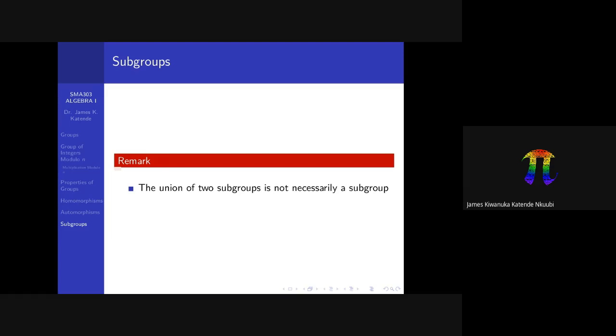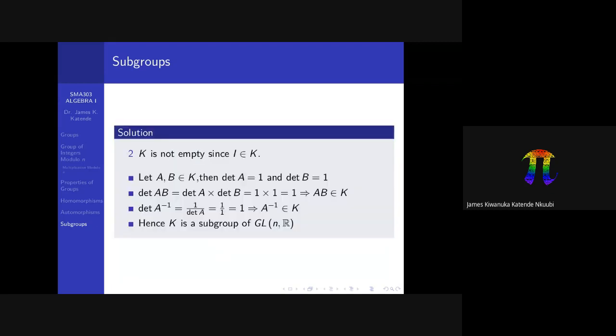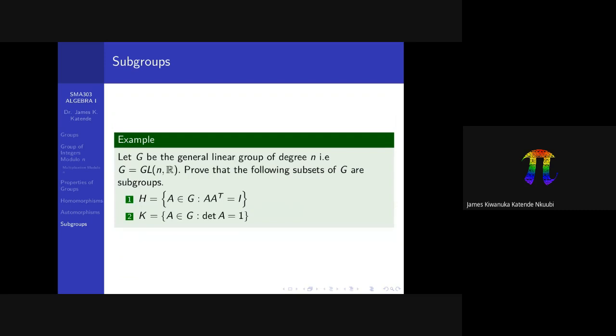In the meantime, you can also try this yourself and confirm that the union of two subgroups is not necessarily a subgroup. So for instance, just to use an example here, we have these two subgroups. If you take the union of these two subgroups, it will no longer be a subgroup of G.